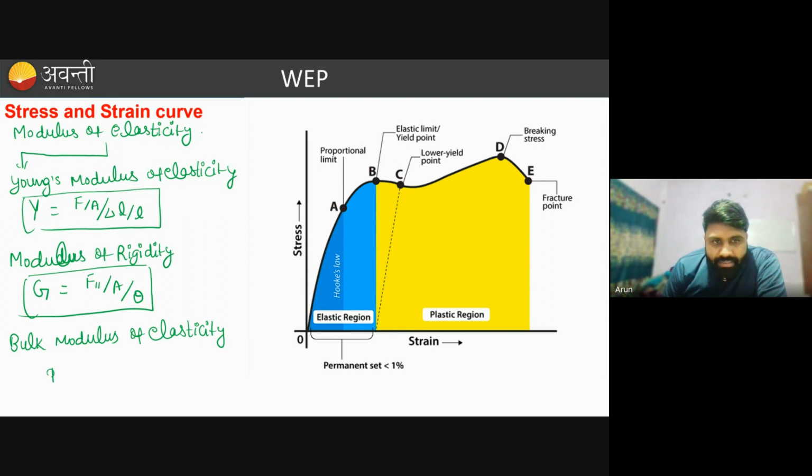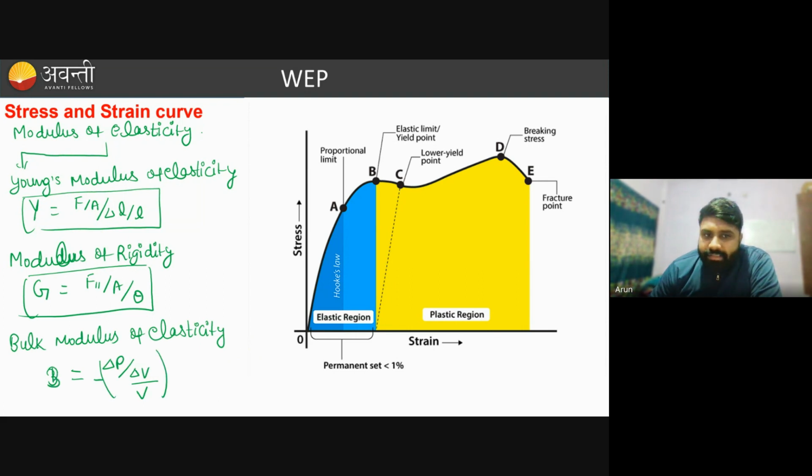It is given by B is equals to bulk stress, which is change in pressure delta P, divided by bulk strain, which is change in volume divided by original volume. Now, when we are changing the volume, we are decreasing the volume from initial to final. Okay, so in that case, this change in volume will be negative, but bulk modulus is a positive quantity. So we have to apply a minus sign here.